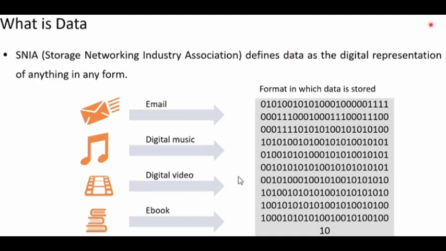When you're sending an email, you are typing it out in alphabetical order, but the computer only understands 1s and 0s, right? So you don't have to keep focus on this topic, but just understand how it works. Data comes in many forms: emails, digital music, digital video, ebooks, even your video streaming and all that. Everything is in 1s and 0s. Basically, that is data itself.